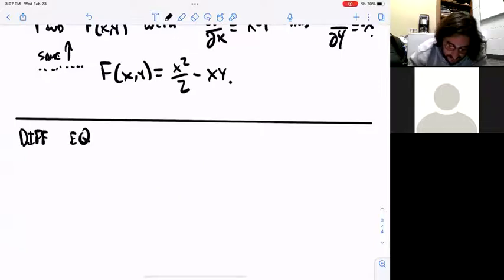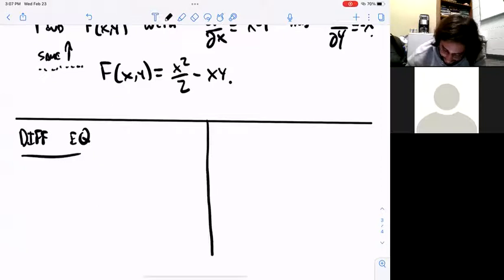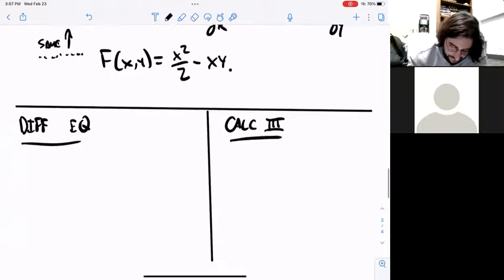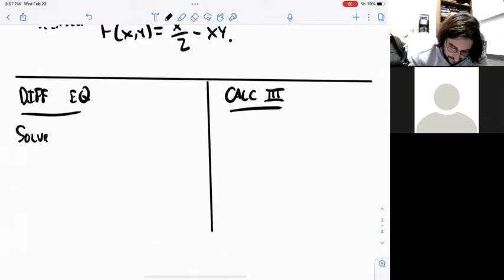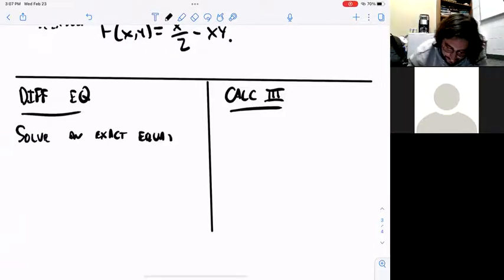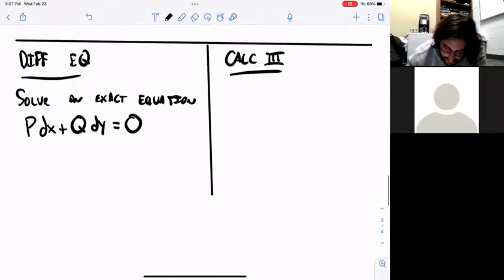In DiffEq, when you solve the differential equation, you have an exact equation that looks like this: P dx plus Q dy equals 0, right?